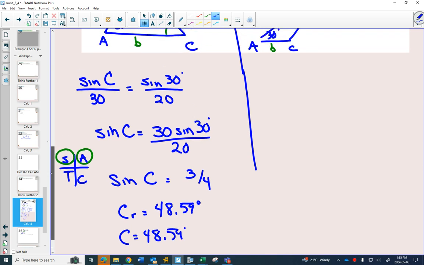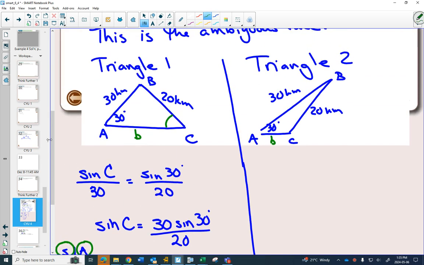That's going to be the answer in this triangle. Put it in green here, 48.59 degrees. But in this triangle, I would have to find the answer in quadrant 2.